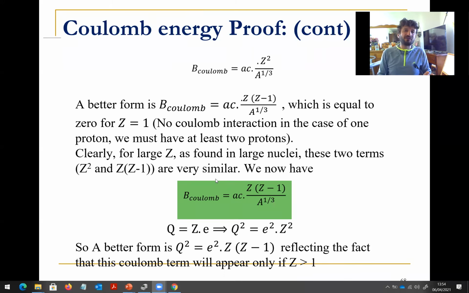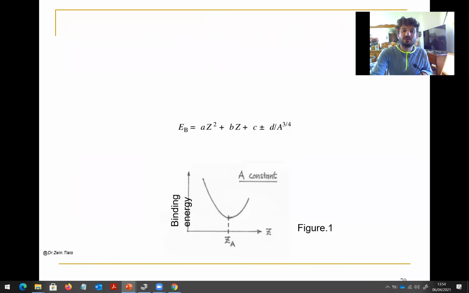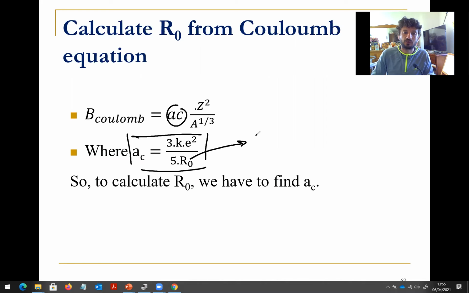So in general, you have to calculate this term if I ask you to find it. Let me explain one point. How can we profit from this term? In general, we calculated B Coulomb equals AC Z squared divided by this one. AC equals 3k e squared divided by 5R0. From this expression, we can find R0.